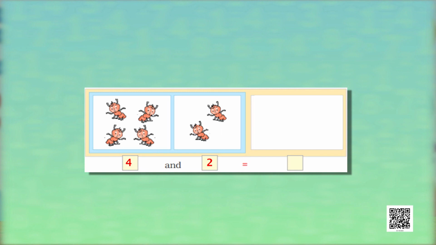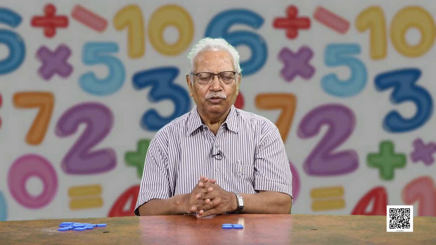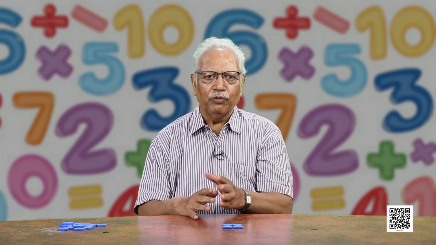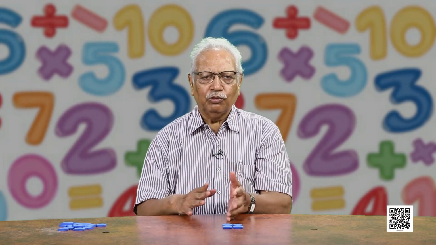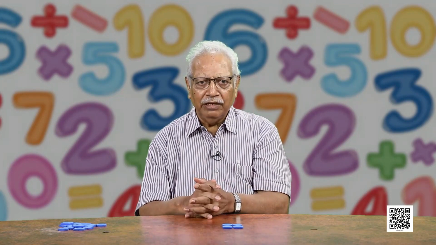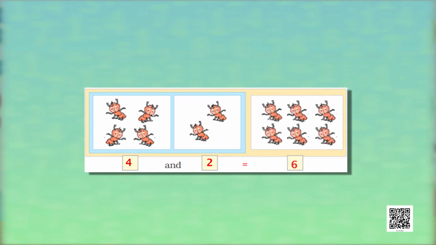So, how many do they become? Again, you can use any of the ways you want. You can merge them together and start counting from 1, 2, 3, 4, 5, 6, or you can count further from 4 and say 4, 5, 6. So, 4 and 2 is equal to 6.